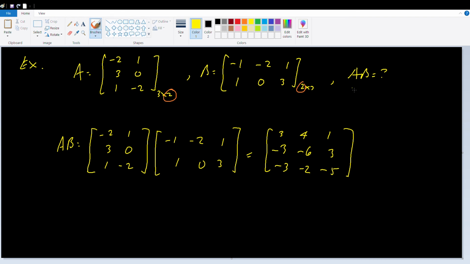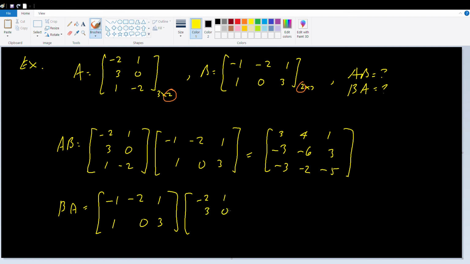Let us also determine the product BA and see what will happen. So B is negative 1, negative 2, 1, 1, 0, 3. And A is negative 2, 1, 3, 0, 1, negative 2. So first row to first column. Negative 1 times negative 2 is positive 2.